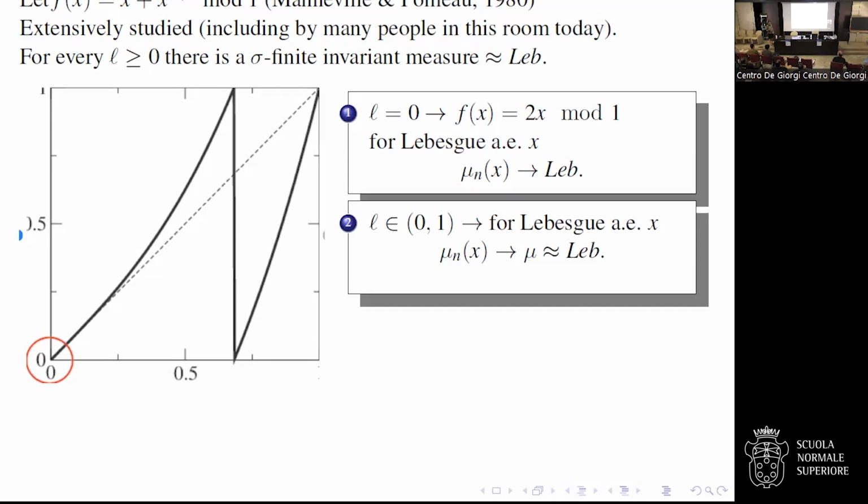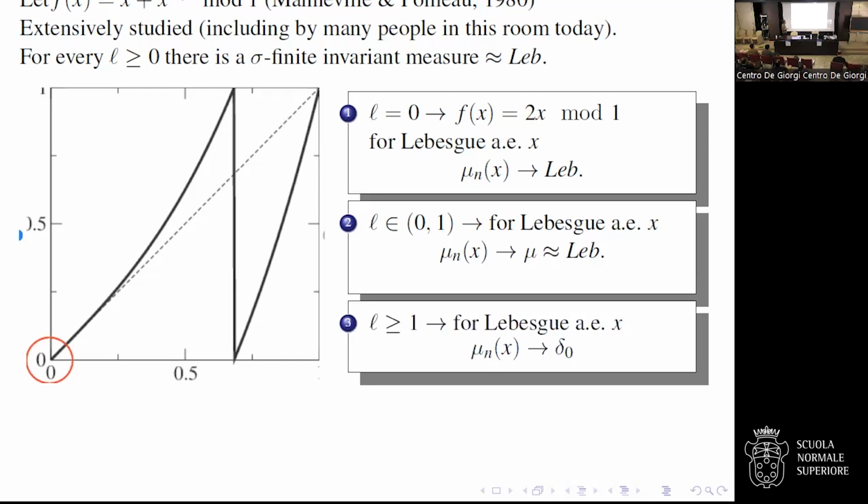And then there's a seemingly dramatic break: a very interesting thing happens when L is greater than or equal to 1, which is that for Lebesgue almost every point, the statistical averages converge to the Dirac delta at 0.